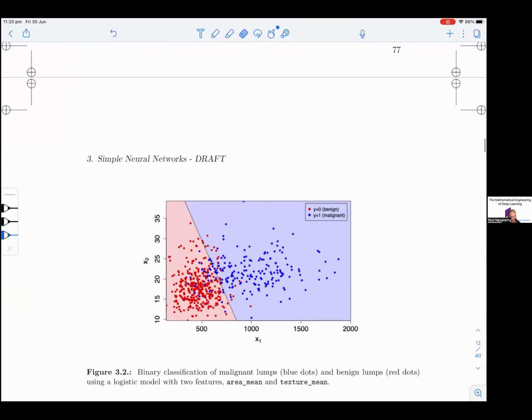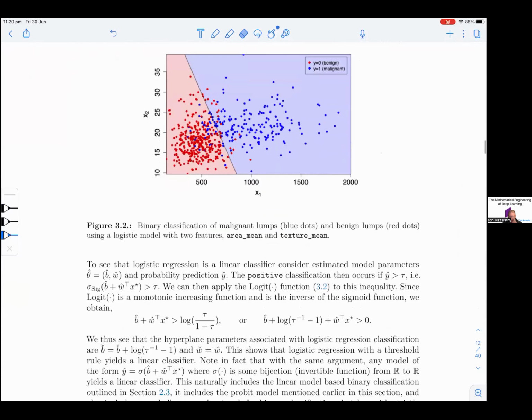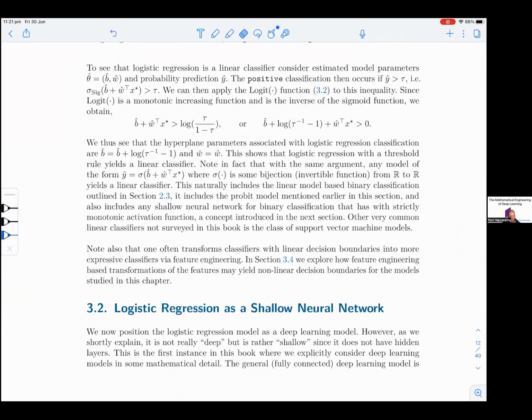To see that logistic regression is a linear classifier, consider the estimated model parameters theta hat equals b hat, w hat, and the probability prediction ŷ. The positive classification then occurs if ŷ is greater than tau, i.e. if the sigmoid of this affine combination is greater than tau.